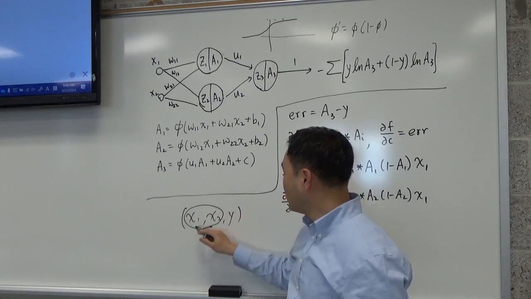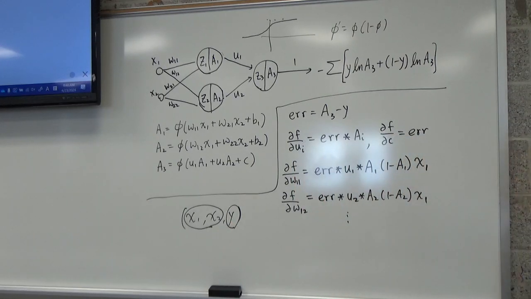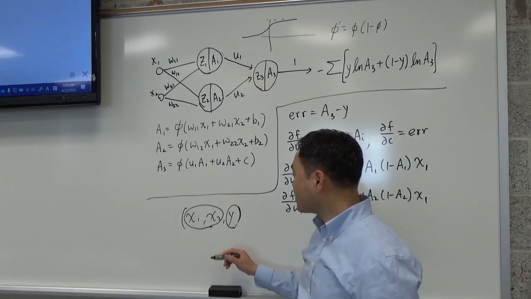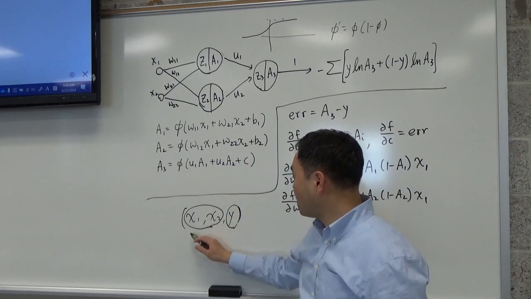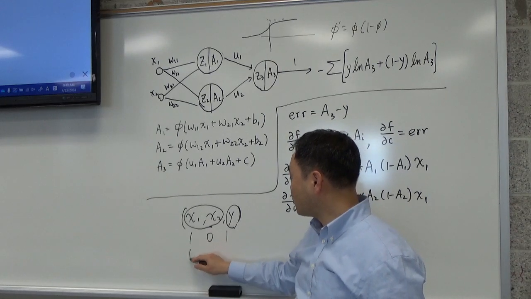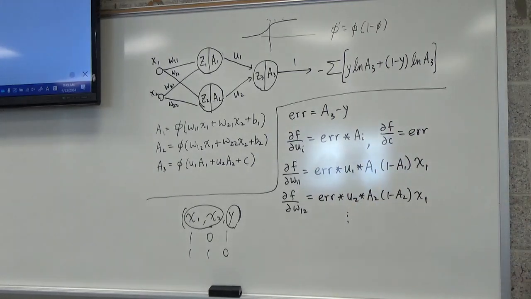These are the inputs, and this is the actual y that you want, following the XOR. So if it's 1, 0, it should be 1, and if it's 1, 1, it should be 0, and there are 2 other values I explained as a table.